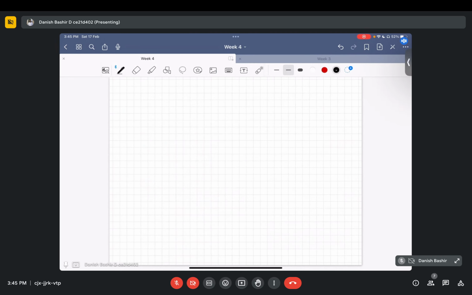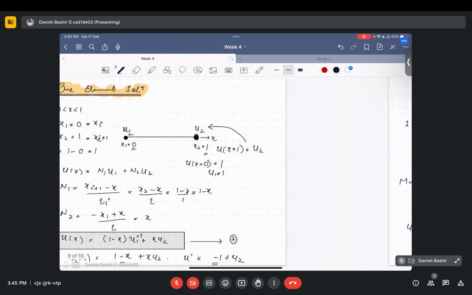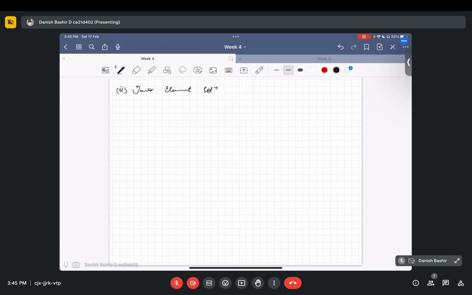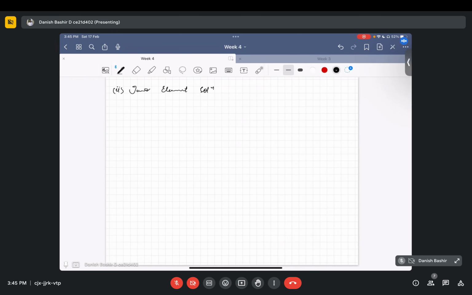Now continuing to the two element solution for the same domain, we will see how using a larger number of elements improves the accuracy of the solution. That's our point.